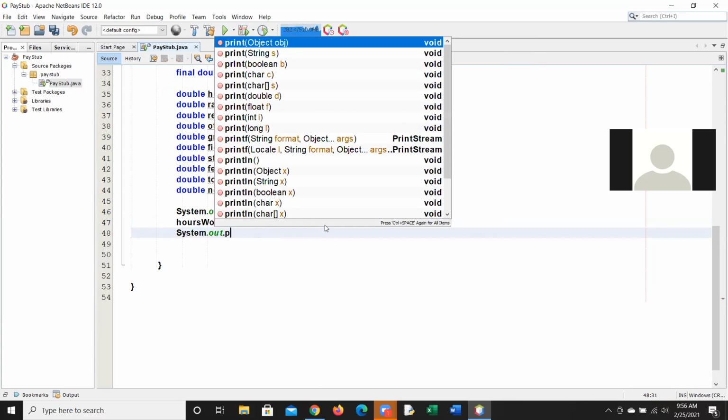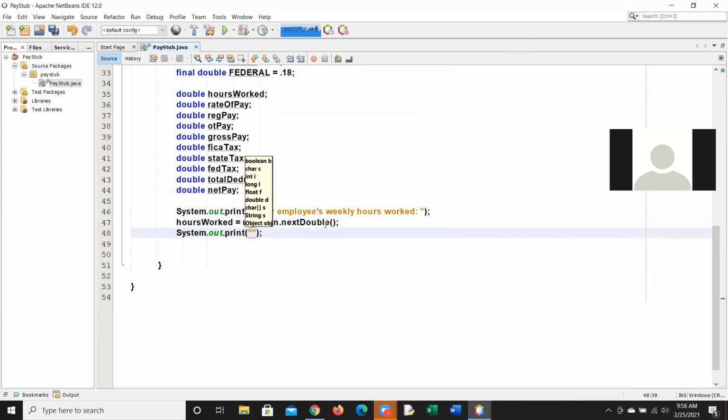Then I have my System.out.print again. I put print because I like my input from my user to the right-hand side of my prompt. If you like your input from your user below you, you could use a println. So this is enter employee's rate of pay. Something to that effect.